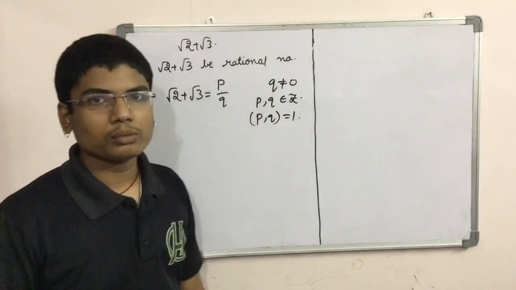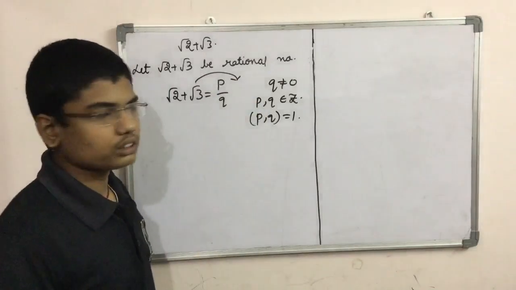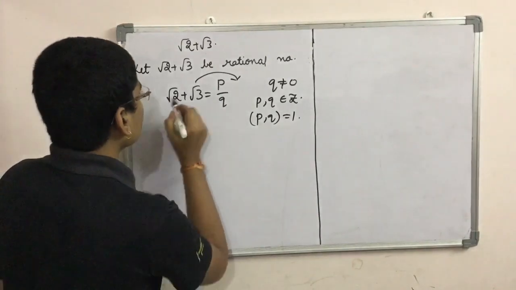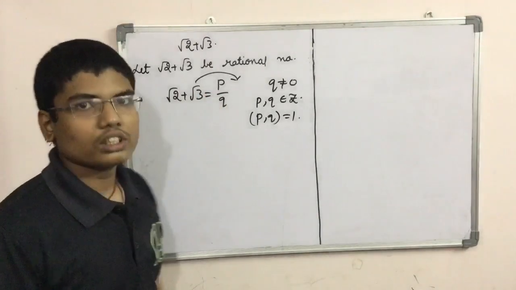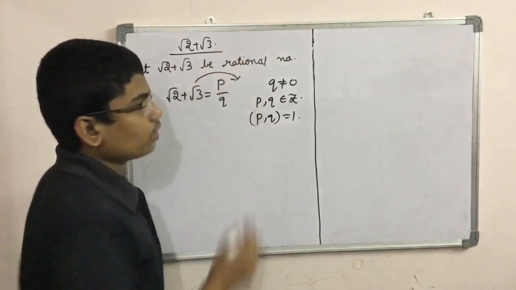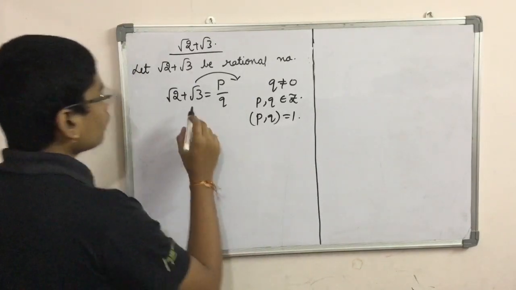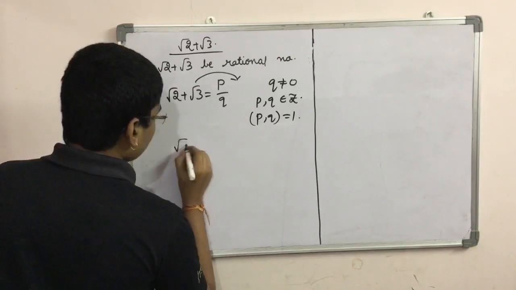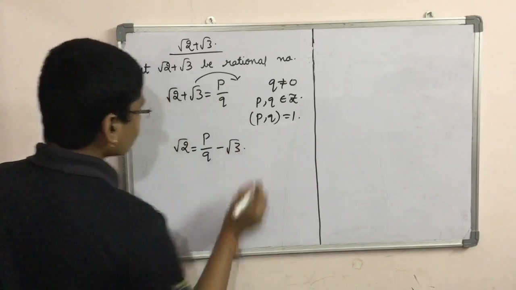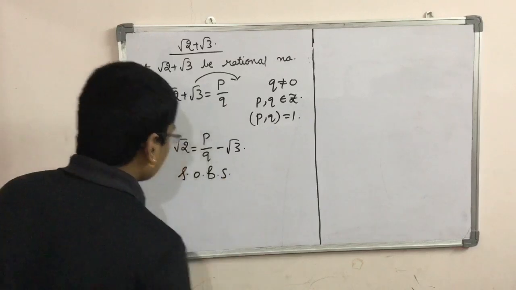And whenever you are facing a model like this, you have to send one of the numbers to the other side, and then it will become easy and it is the correct way, because whenever you square like this, you will get another irrational number, root 6, and whenever you prove that root 6 is irrational, then there is no relation between root 6 and root 2 plus root 3, right? So we will take one of the numbers to the other side, then it will become root 2 is equal to p by q minus root 3, and we will do squaring on both sides as usual.